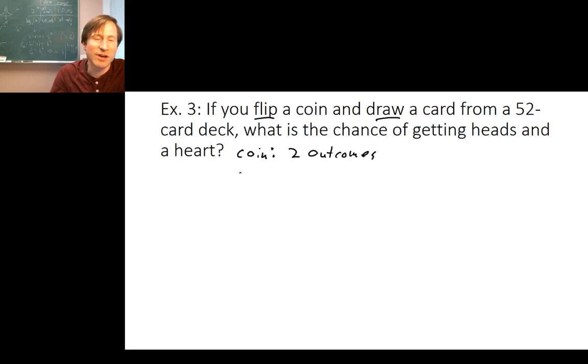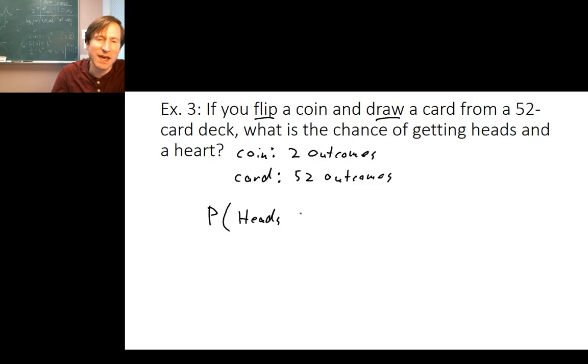And for drawing a card from the deck, there are 52 outcomes. So we want to know the probability of getting a heads and getting a heart.